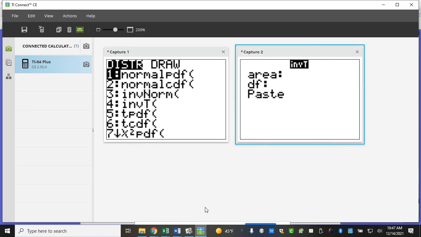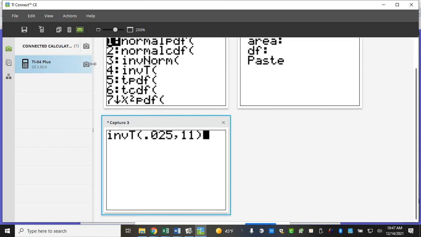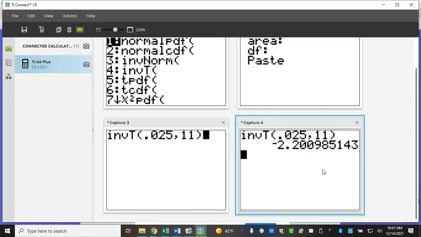So when you're doing this, if you use it this way, your area is 0.025. My degrees of freedom is 11. I'll hit enter twice, and it will give you your T-star, which is 2.201. And why was it inverse? If you're trying to find T, not use a T to get an area.